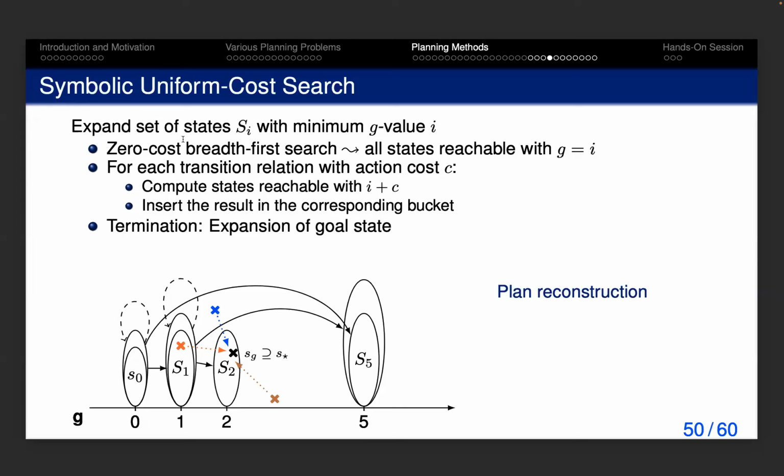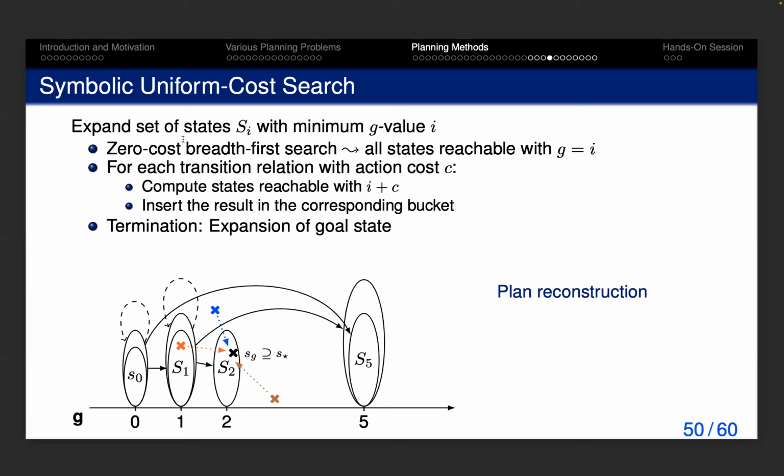So you do a regression, a backward search, and you go over all the possible actions and check which state would have led me to this state. So you compute the predecessors, and you always check if this predecessor is in one of the states, as before. So basically, you do some kind of greedy heuristic search with the perfect heuristic you have computed. So let's say here 3 actions could lead to this state: a brown one, a blue one, and a red one.